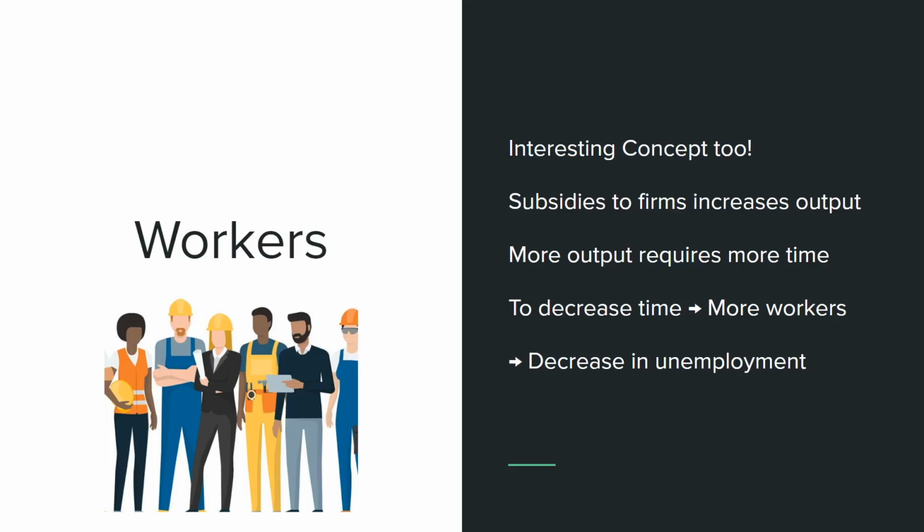Subsidies to firms increase output, right? And more output means that it's going to require more time to produce this output. But this is bad, right? Because we looked at the determinants for price elasticity of supply a few lessons ago, and we saw that one of the determinants was time.